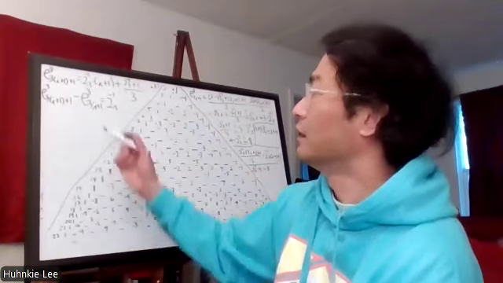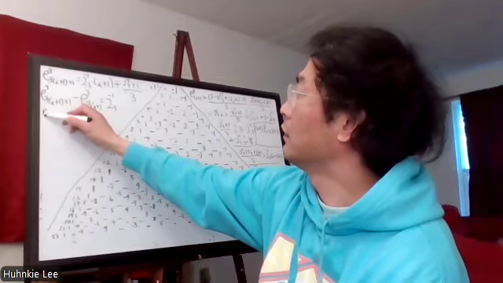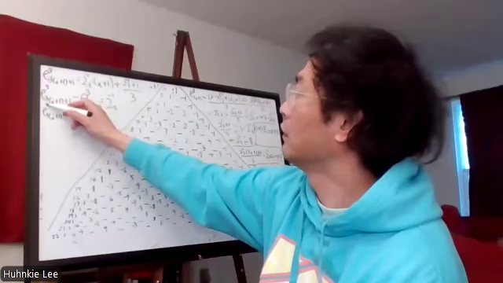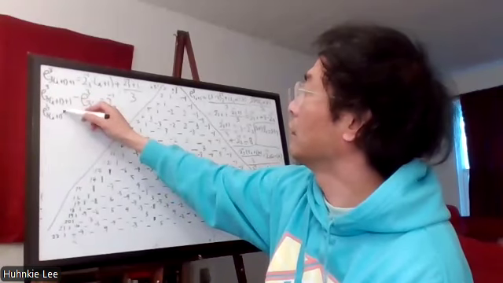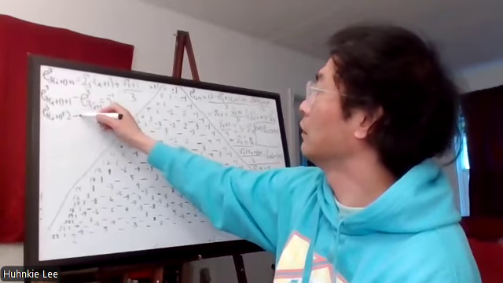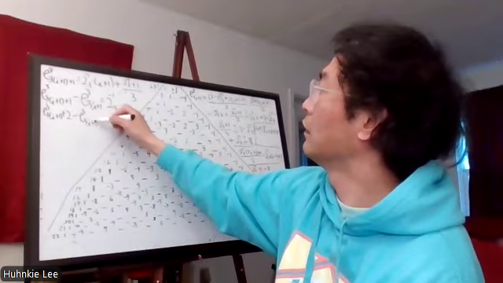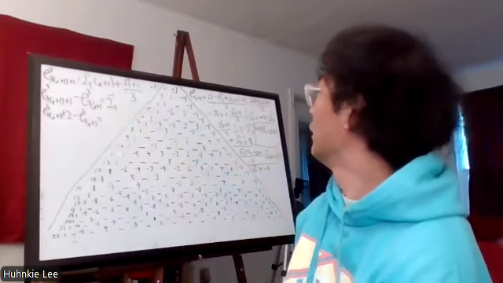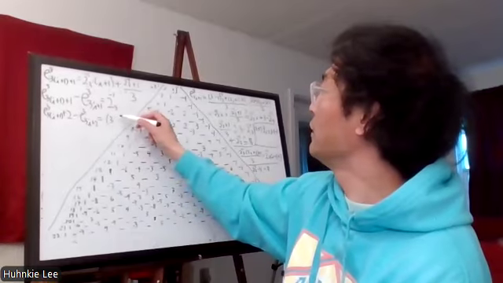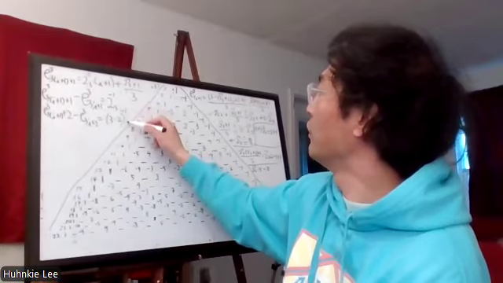Okay, likewise, this one becomes like 3 minus 2 inverse row 3.